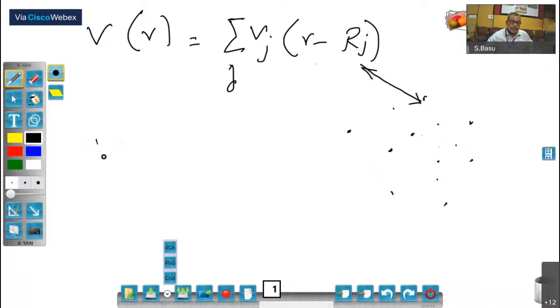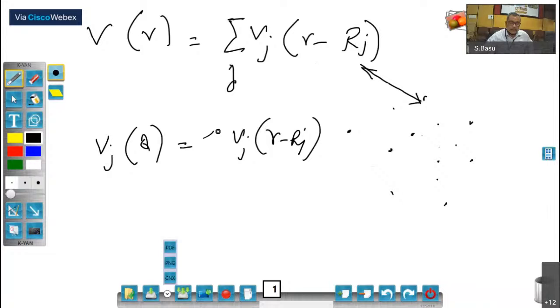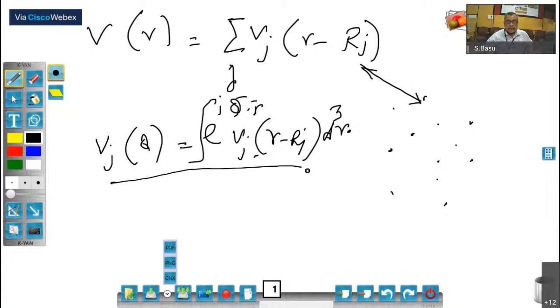Once I say that, then VJQ is equal to the Fourier transform of this potential. So I define VJQ like this in my equations, in my master formula.